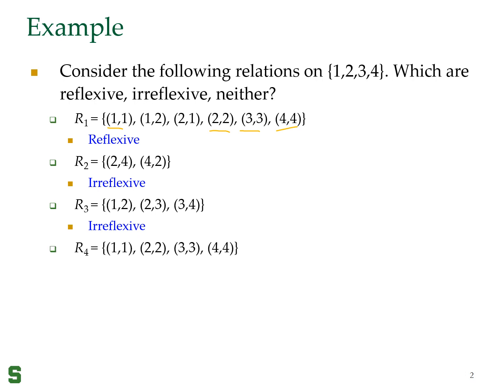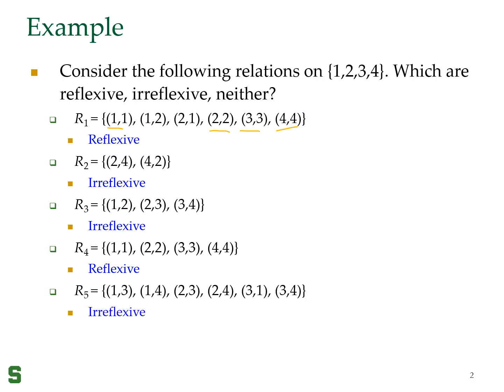R4 is reflexive. It has all the pairs. It doesn't have anything else, but that's okay. We don't care about that. This one is irreflexive because I don't have the pairs (1,1), (2,2), (3,3), (4,4). None of them are there.